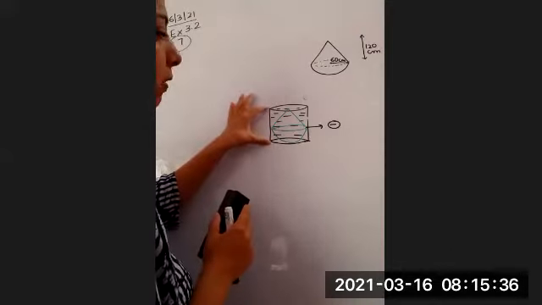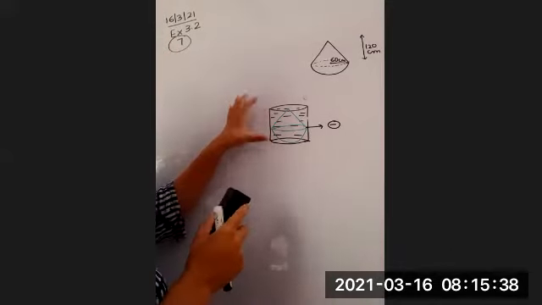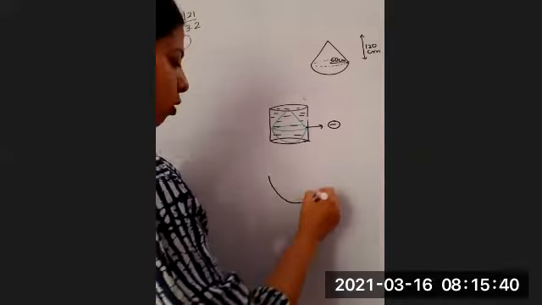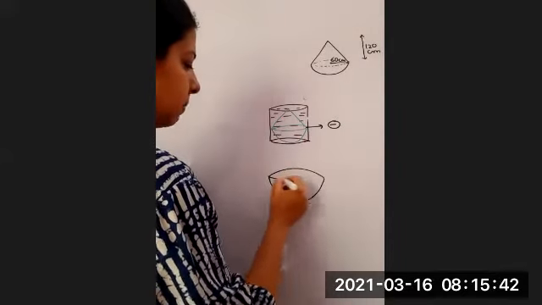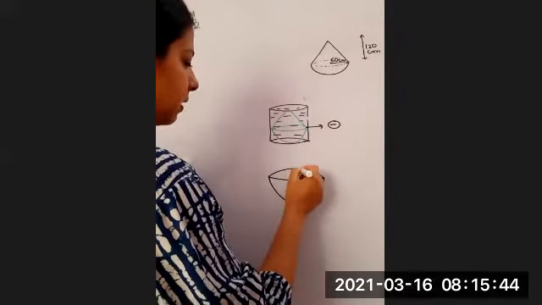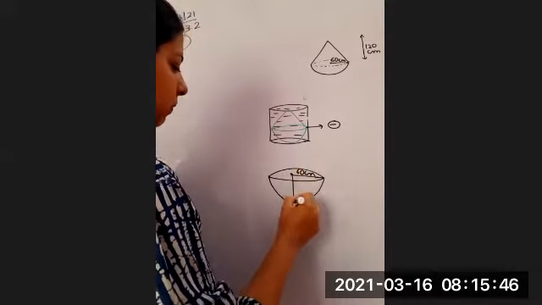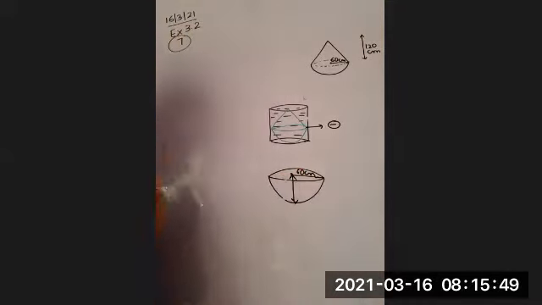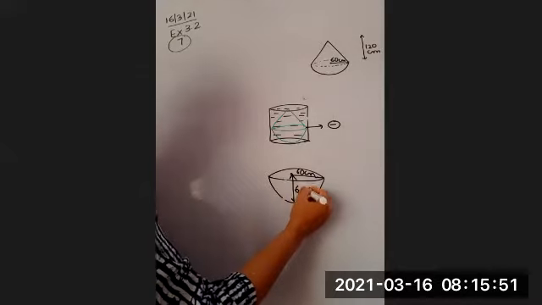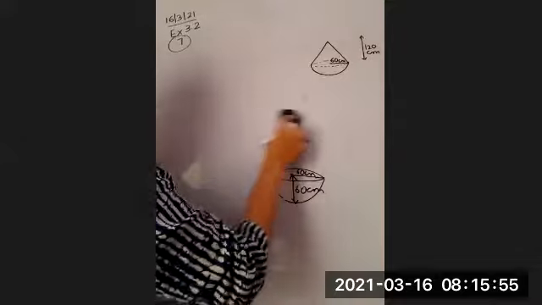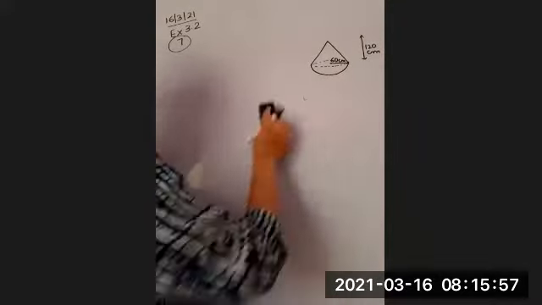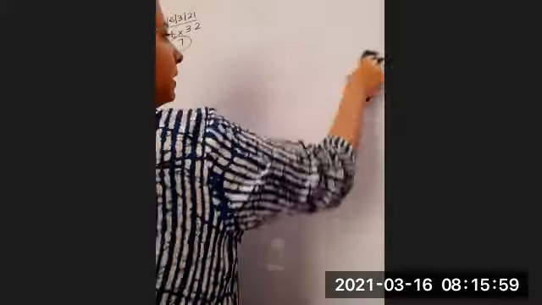And what is the height of cylinder given? 180. I hope you know, if we have a hemisphere with radius 60, this will also be 60 centimeter. 60 and 120 makes it 180, which is equivalent to the height of cylinder.